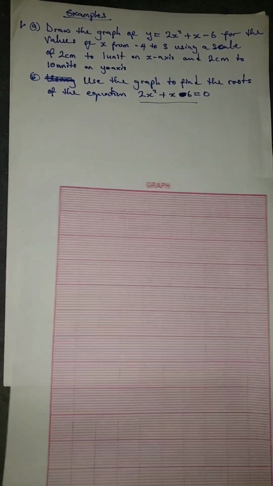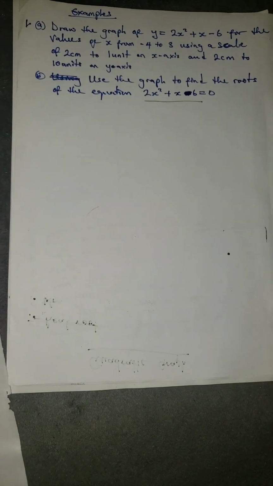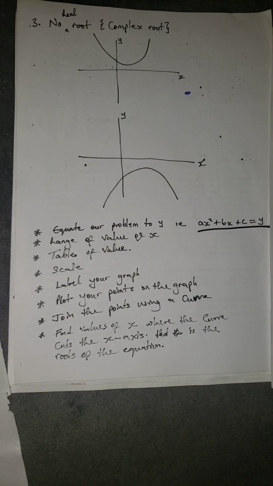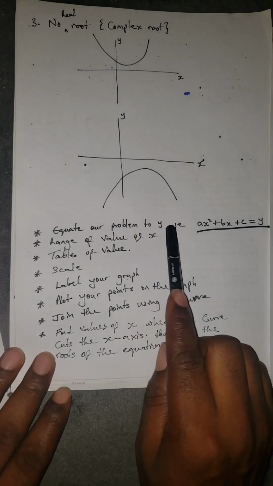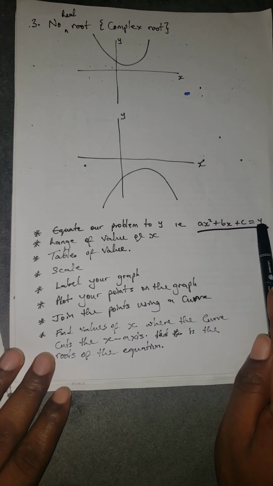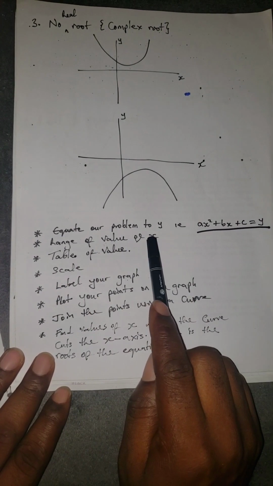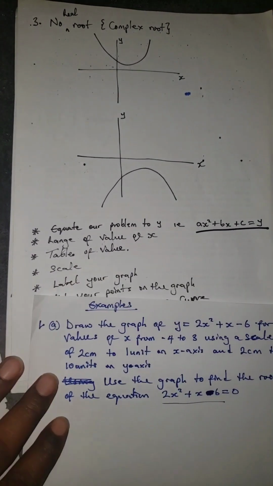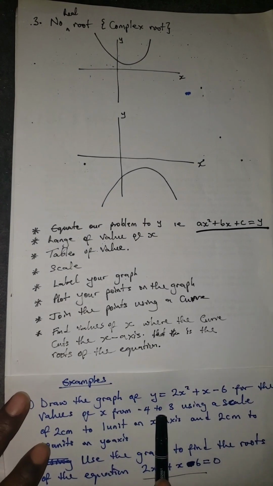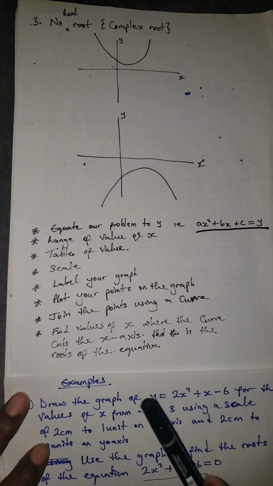If you check what we listed out last time, you will see that you will be asked to equate the equation to y and plot this. The range of x is given to us. If you check, the range of s is given to us as from -4 to 3.